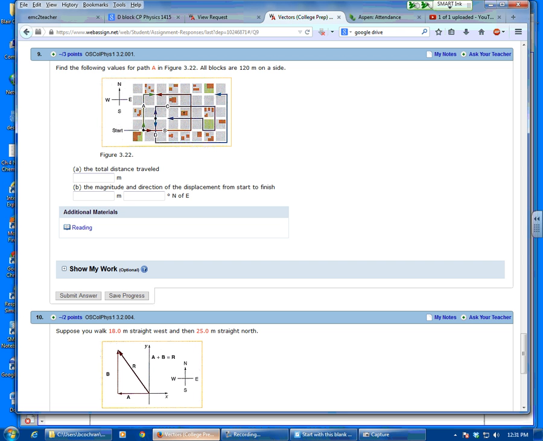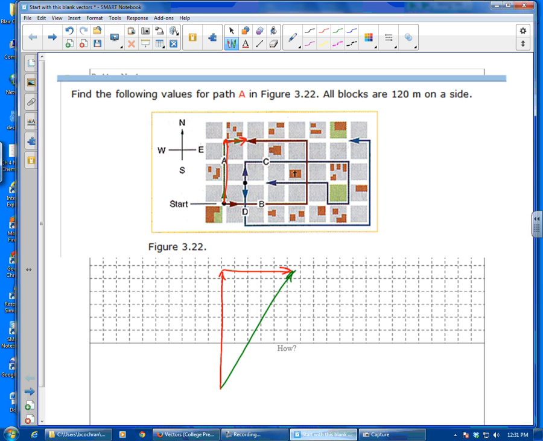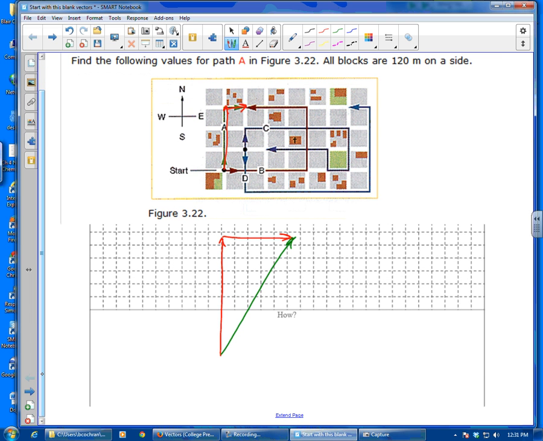So, and then the other thing they want is my direction north of east. That may be the only part where I want to rethink how I draw this, because right now north is up this way.